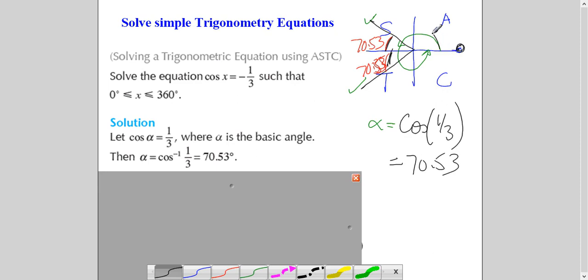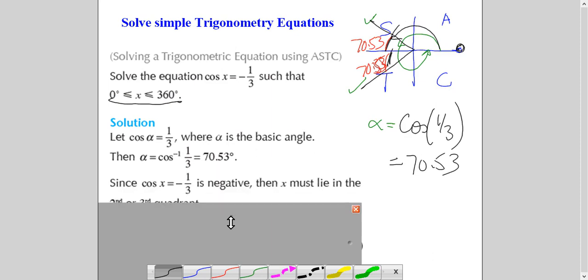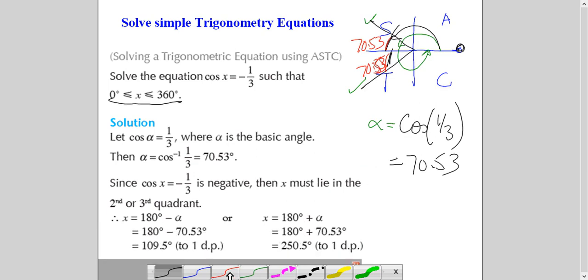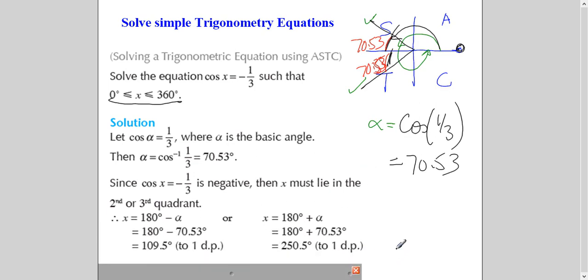And I will measure this anti-clockwise because of this domain given to me. So one angle will be 180 minus 70.53. And other angle will be 180 plus 70.53, right? So this is how I will find out 2 angles, which will give me answer -1/3 with cos.